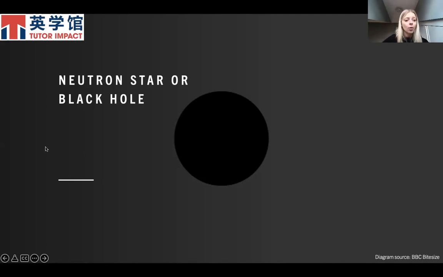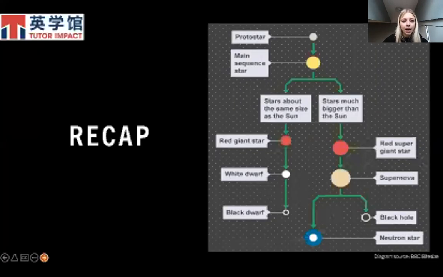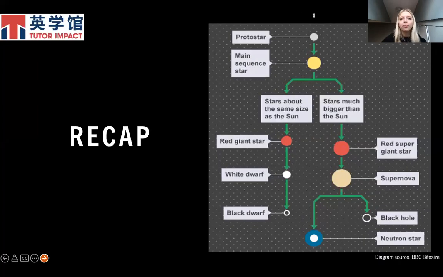We're now just going to go on to recap the stages that we have discussed so far alongside the diagram. So you will see again from the beginning, we have the protostar on this diagram, but as you will remember, we also discussed the nebula, which is when the cloud of dust and gas in space starts to form.